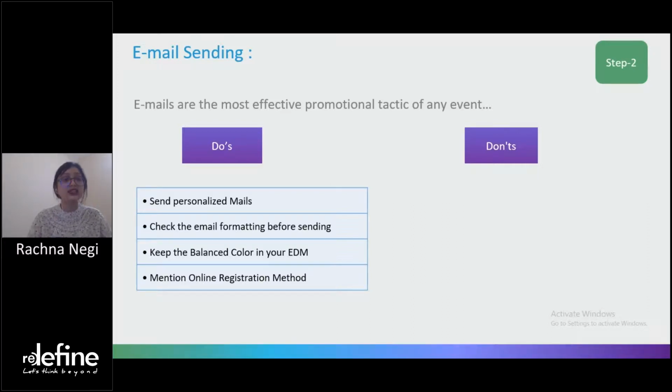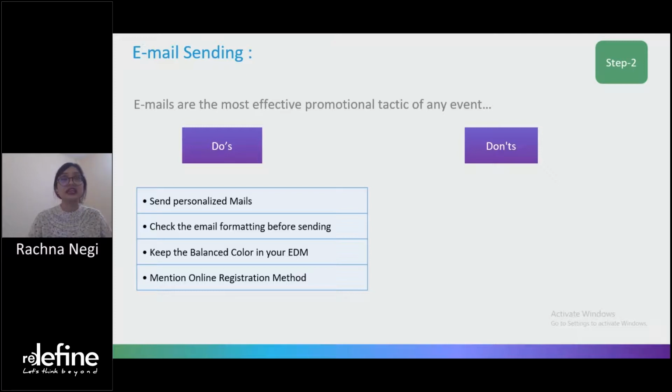Second thing is check the email formatting before sending. You must have a look once before sending your email to the customer. Just check whether the formatting is clear and perfect or not. Check if the font size is somewhere big or somewhere small. So keep a look and then send it to the customer. The third is keep balanced colors in your idiom.